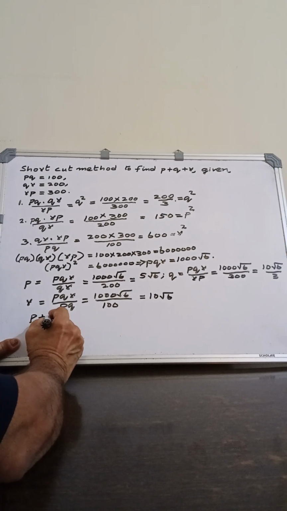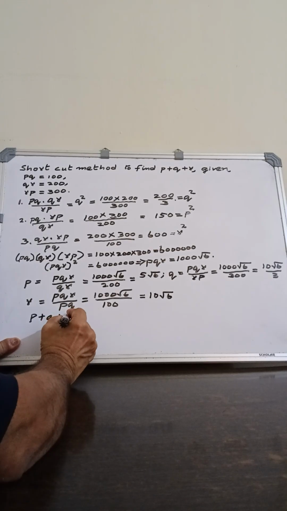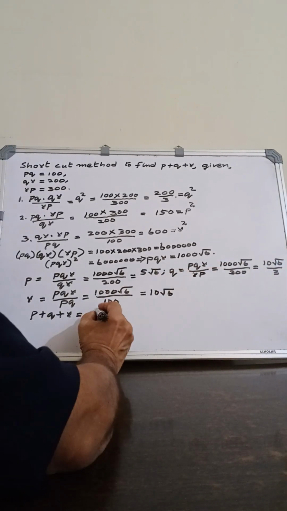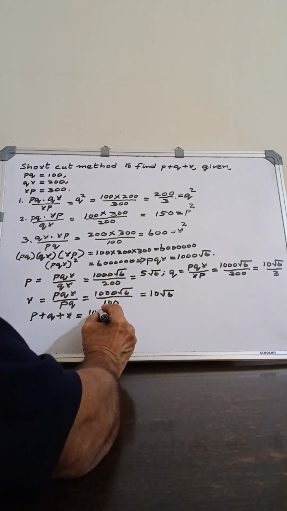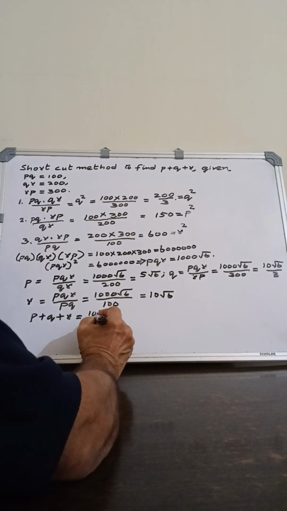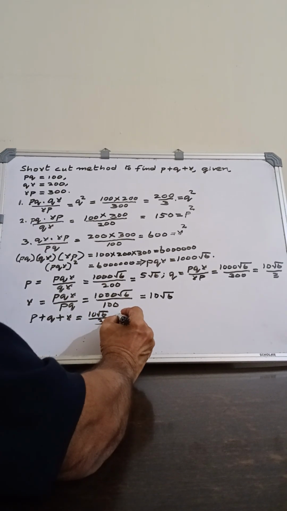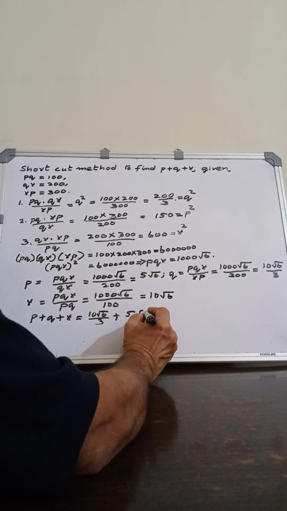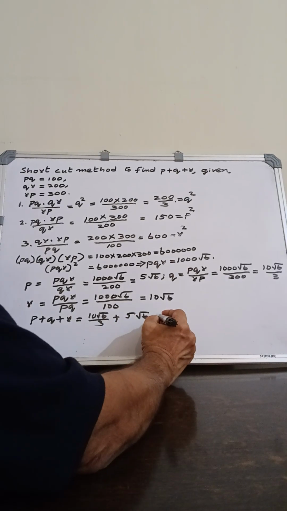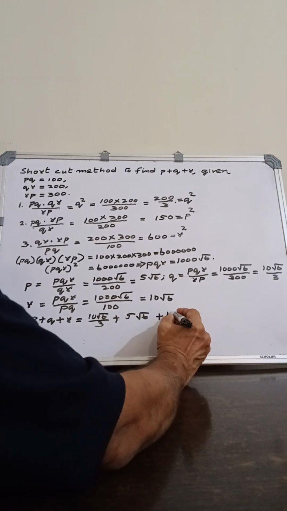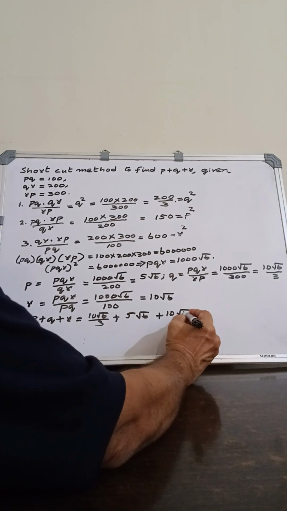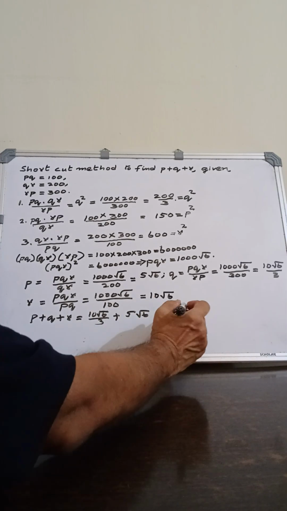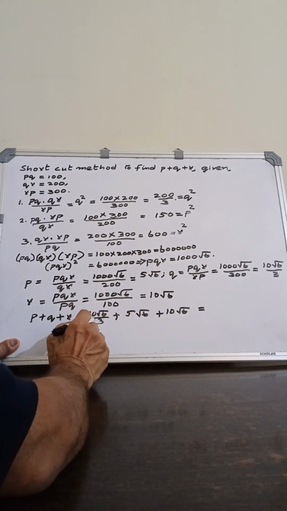P plus q plus r equals 5 root 6 plus 10 root 6 plus 10 root 6 by 3.